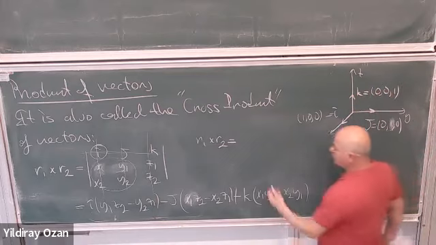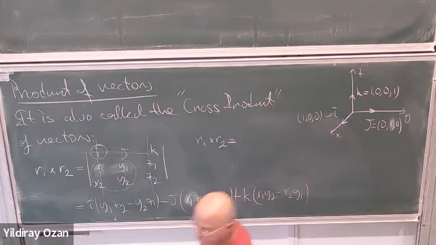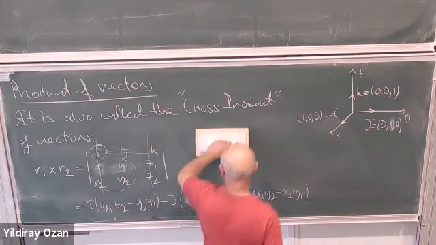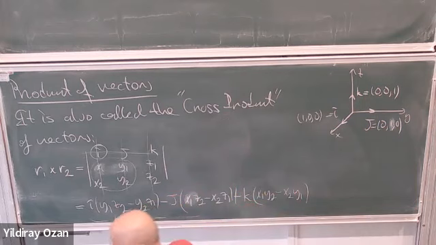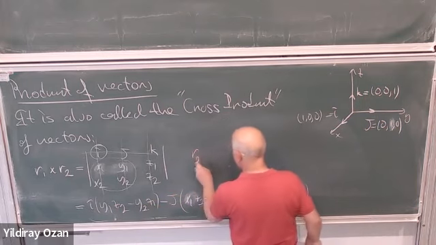So R1 cross R2 then is nothing but the following.